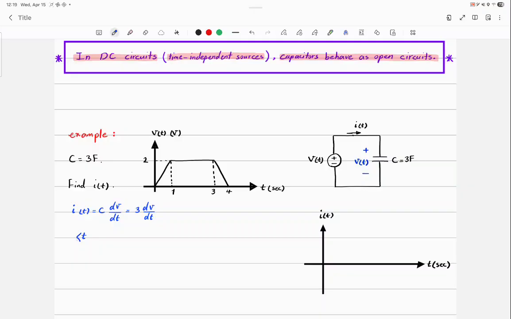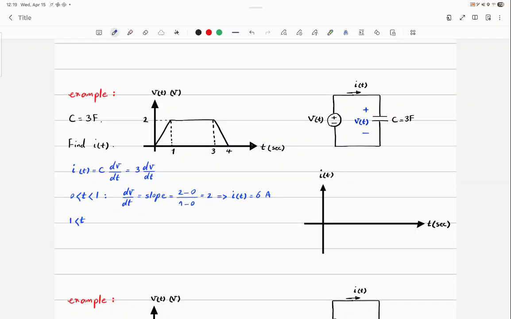So I'm going to consider this plot piece by piece, or piecewise. So between 0 and 1, dV over dt is equal to what? The slope, right? Which is equal to 2 minus 0 divided by 1 minus 0, which is equal to 2. And hence current is equal to 2 times 3, which is 6 amps.